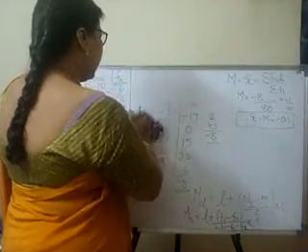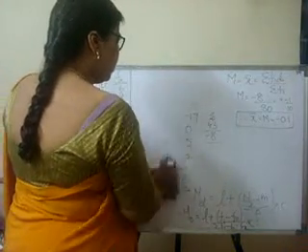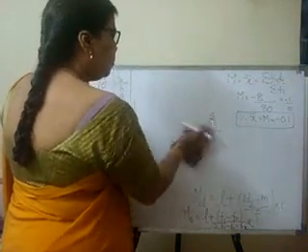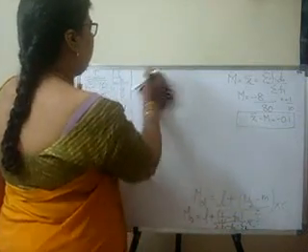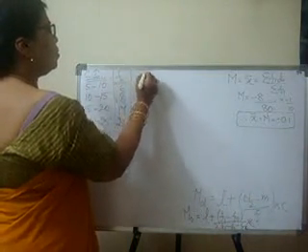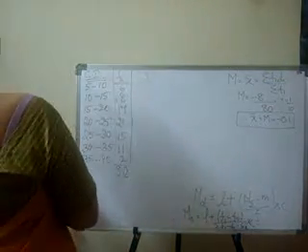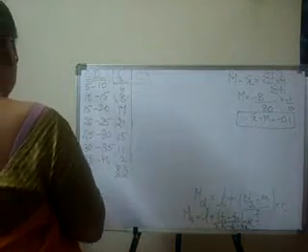To find the median, our table will be different. Now we require the cumulative frequency. How are we going to get the cumulative frequency?